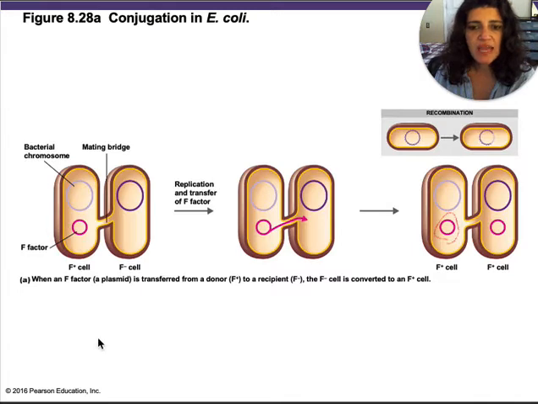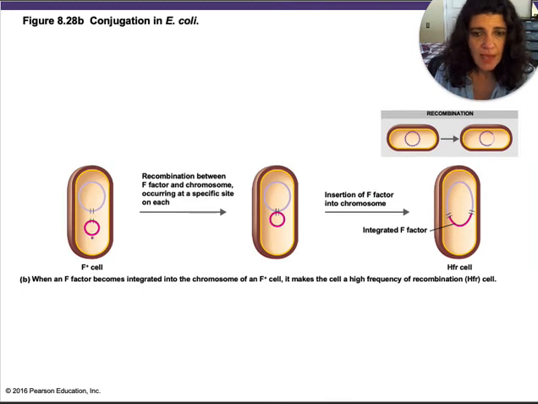If you have an HFR, what happens? First, that plasmid gets incorporated into this bacterial genome, into the F positive cell. So now, where is it? Here. That plasmid got incorporated. You see how the plasmid now is here, incorporated into the chromosome of that bacterium.